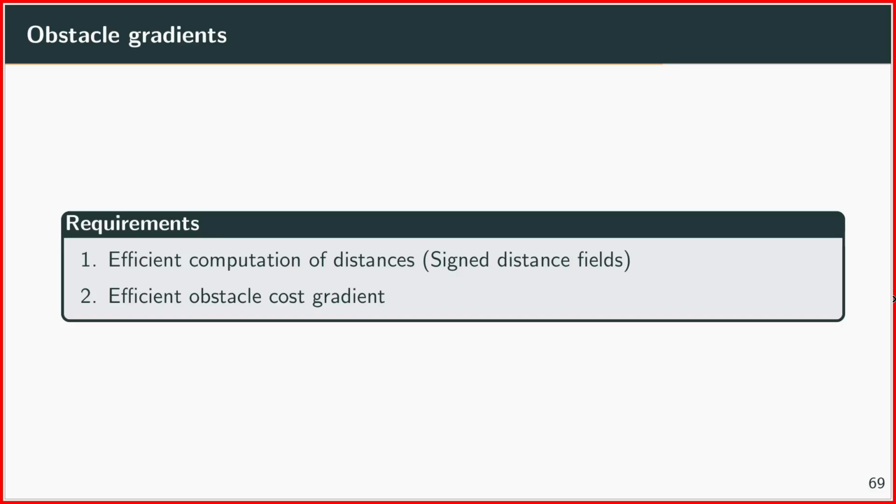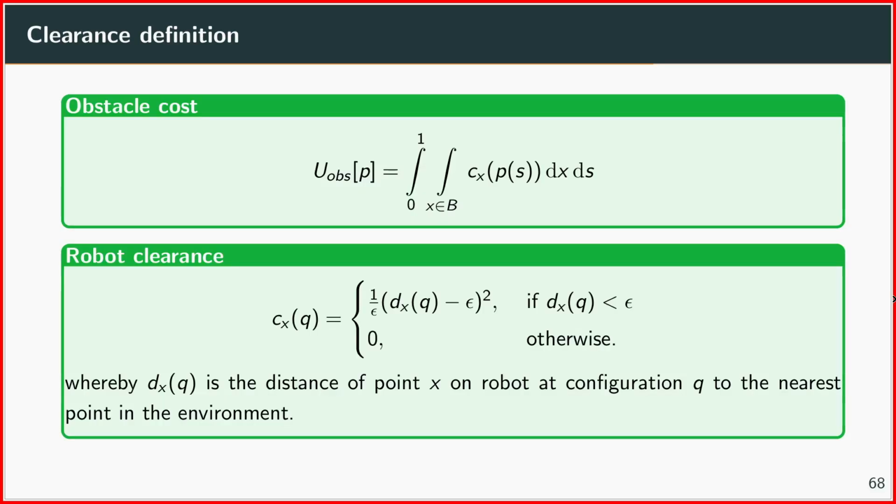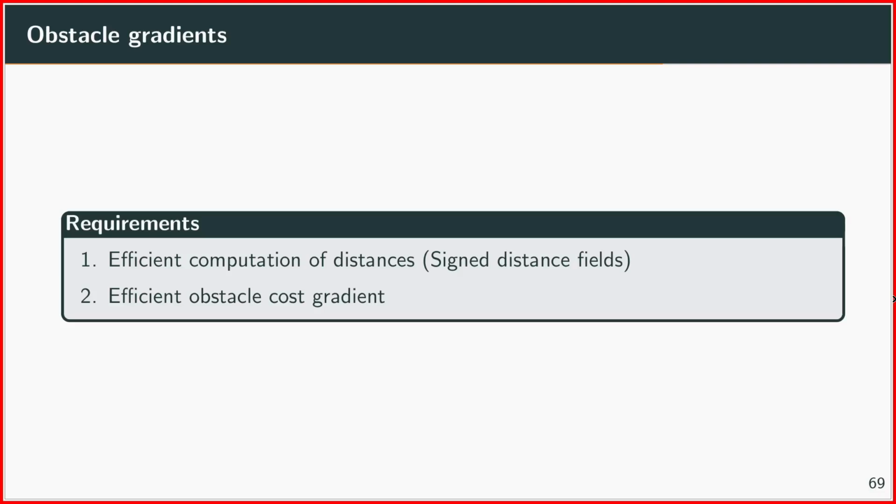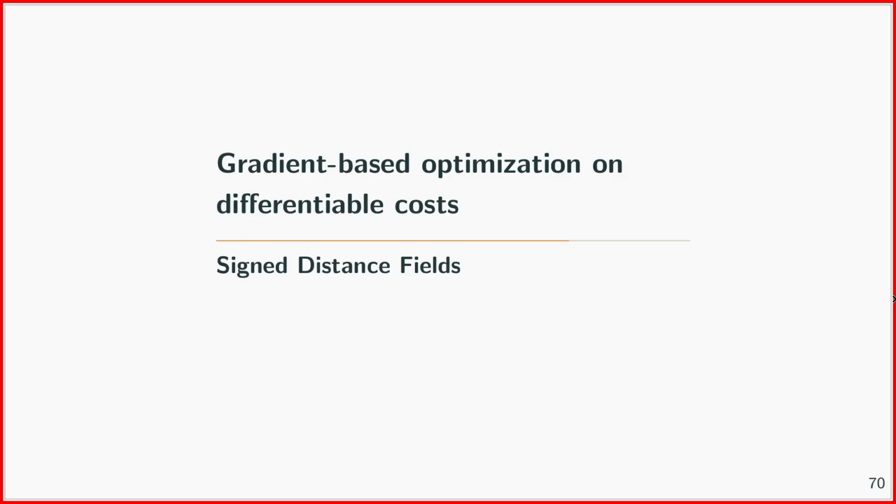Okay, and so the next step is that we want to find an expression for the derivative of this cost function. This requires two things. One is an efficient computation of distances, which will bring us to the signed distance field. And then we also need an efficient obstacle cost gradient. Those two topics I will cover quickly.